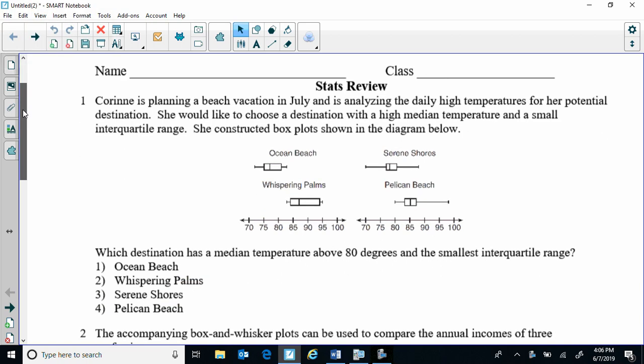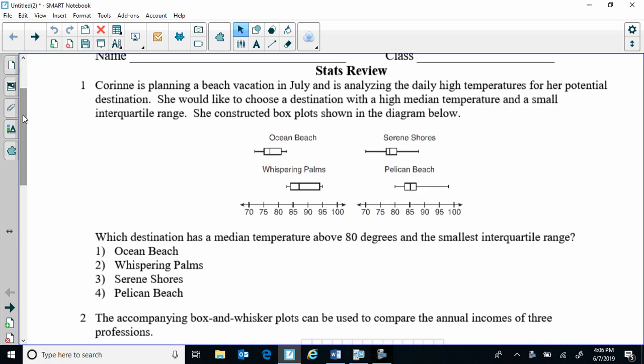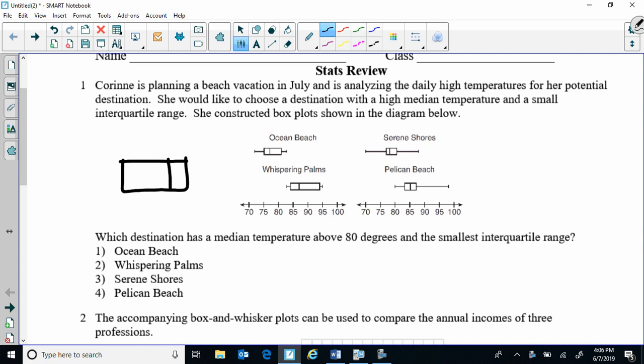When answering questions that deal with box plots, it's important to know the different parts of a box plot. A box plot has the general shape of a box with two lines sticking out of it. The very first line is a minimum.